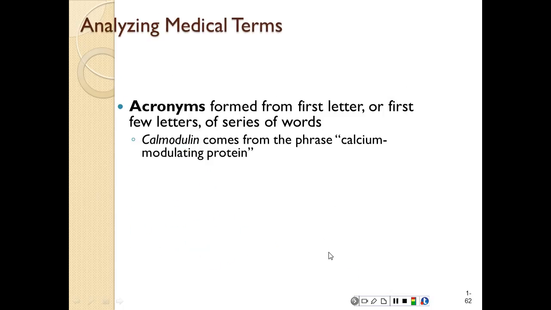Alright, so we have acronyms. Acronyms are formed from the first letter or the first few letters of a series of words. So we have calmodulin, which comes from the phrase calcium modulating protein.